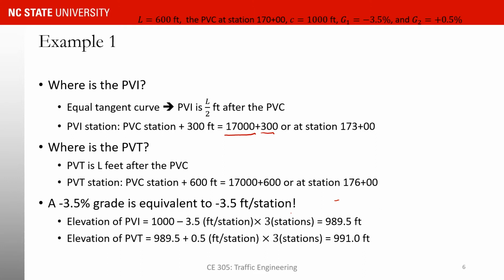So if you want to find the elevation at PVI, you need to take the elevation at PVC, 1000, and subtract the amount that the elevation will be decreased, which is going to be equal to 3.5 per station multiplied by 3 stations.